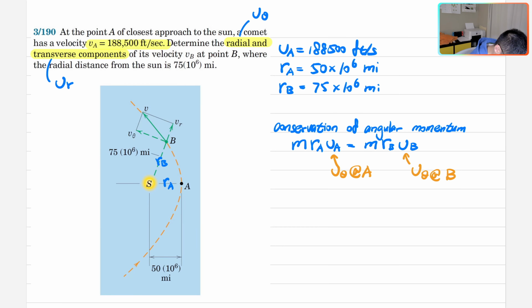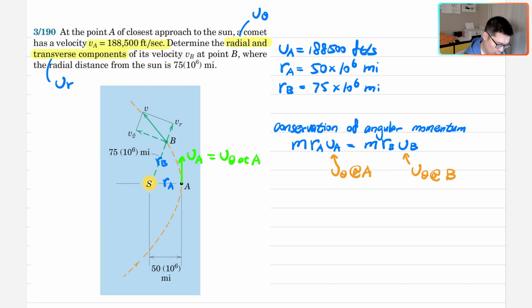Let me just draw this. At point A, this is our velocity VA, which is the same as V theta at A, because this is the tangential velocity, and it's already perpendicular to the moment arm.